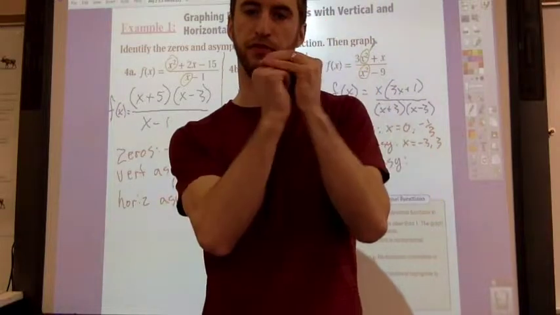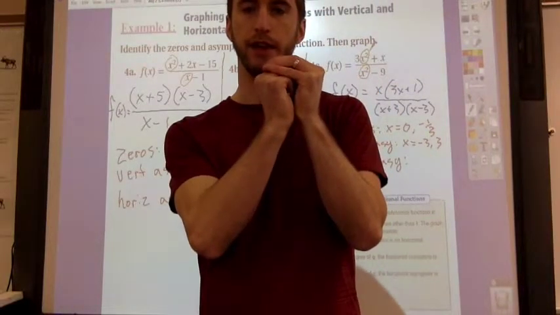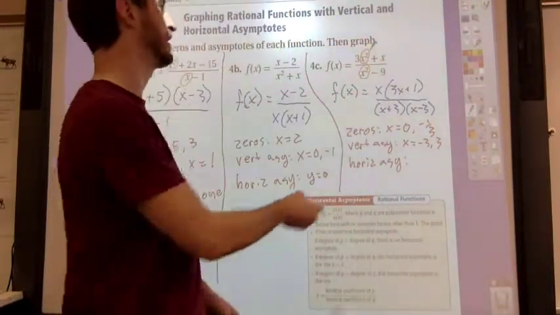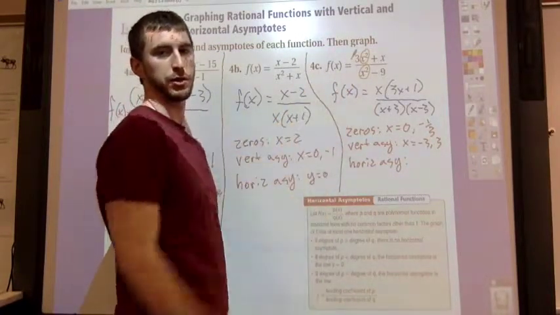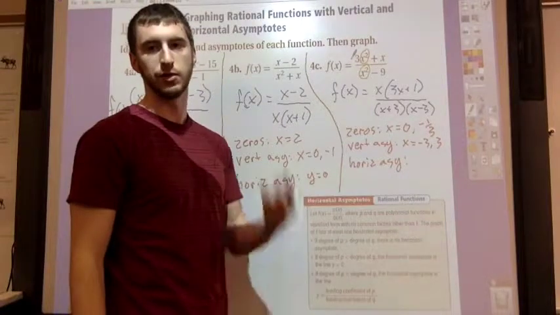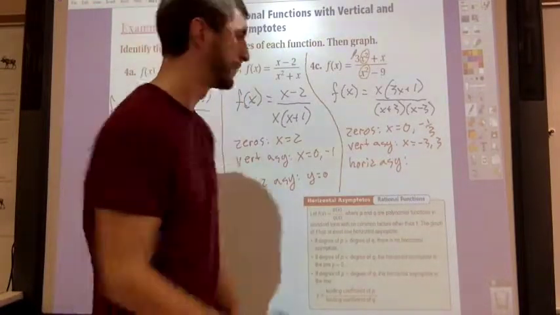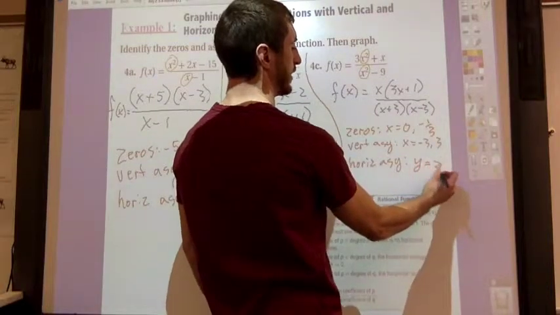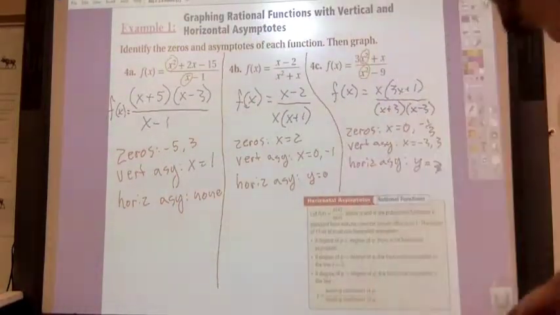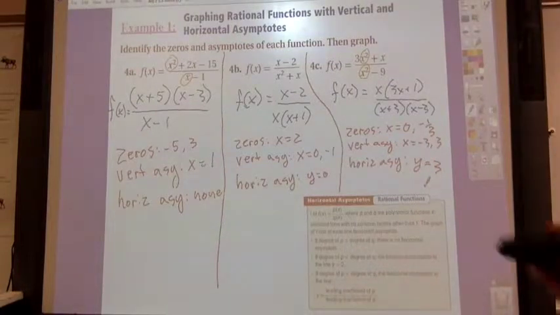So those are going to cancel each other out. And what's left, as you can see, is this 3 in front. So that's 3 over 1. So we're going to have a horizontal asymptote at y equals 3. Very, very cool. Y equals 3. So let's graph this and see if we did this right.